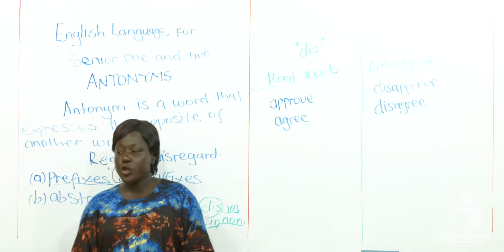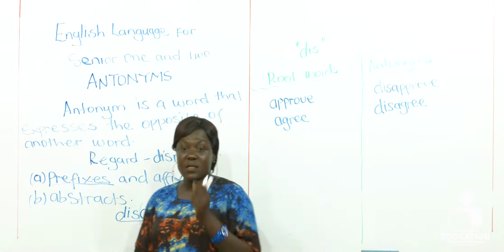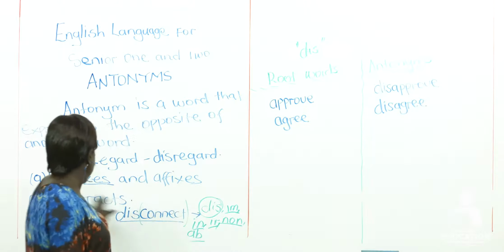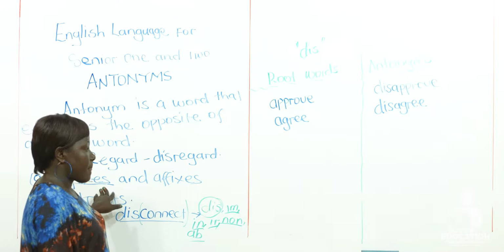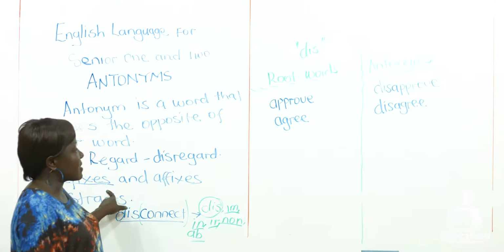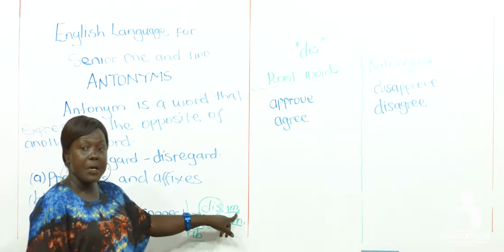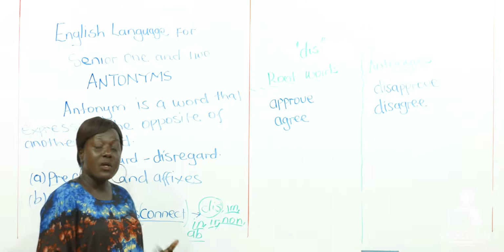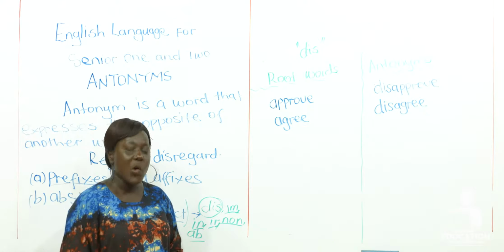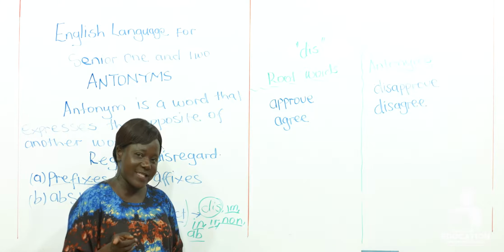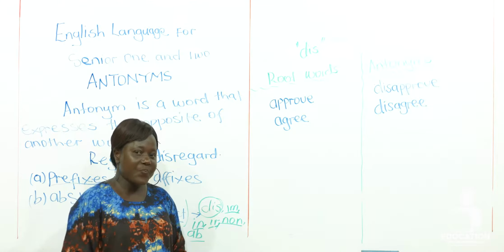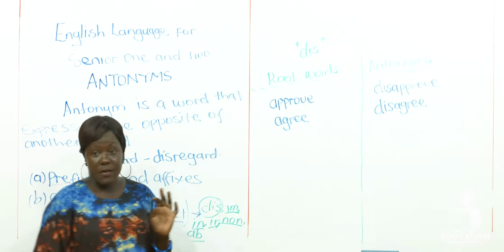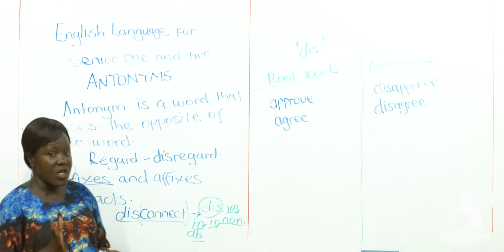So you can do without not. This is just one way of forming opposites under prefixes. So if you use prefixes like im, like in, like non, you can still form the opposite without using not. Therefore, you are free to use this to form opposites of some words, not all.